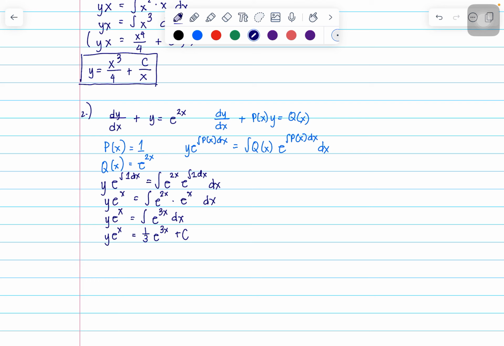Can we still simplify? Let's simplify a little bit further. So let's multiply everything by 1 over e to the x. So basically y is equal to e to the 3x over 3e to the x plus c over e to the x.